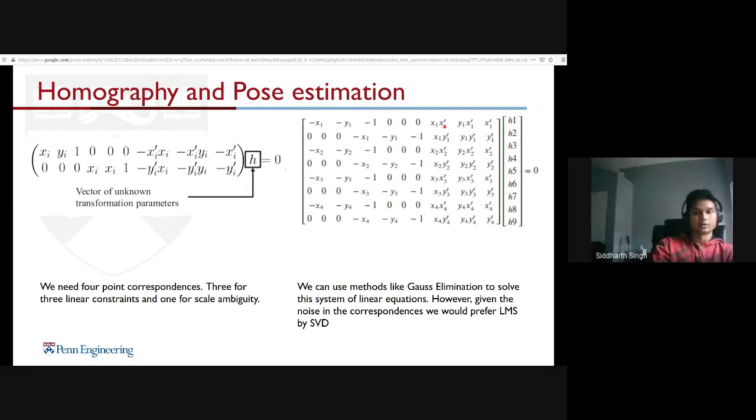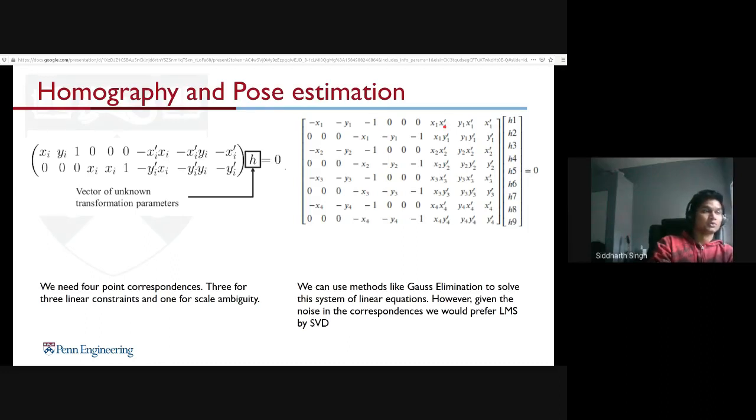Right, correct. So now that we know that this is a set of linear equations, if we took a bunch of correspondences rather than just four, the shape of the matrix will still be some r cross nine, right? So this matrix multiplication will still hold, and the null space will still be there.